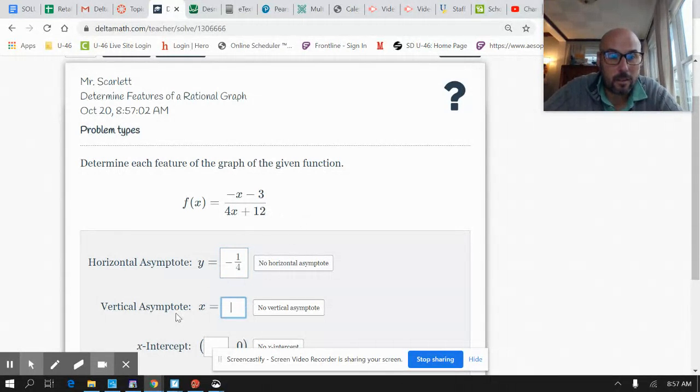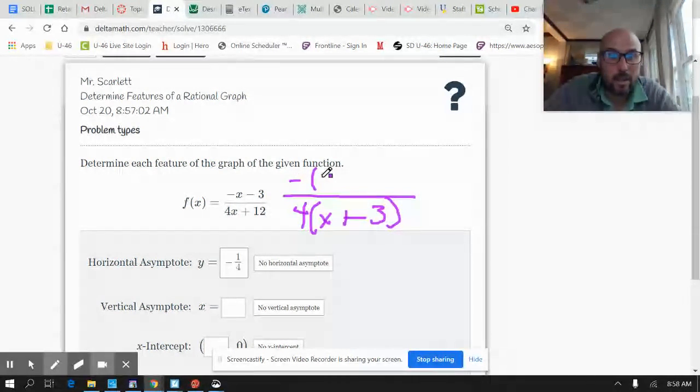Now the vertical asymptotes, well, let's see here. If I take out a 4 from the denominator, I'm left with x plus 3. And I have to be careful here because the numerator doesn't quite look like x plus 3, but it looks kind of close. In fact, it's the exact opposite of x plus 3. If you factor out a -1, you would be left with +1 times x plus 3.